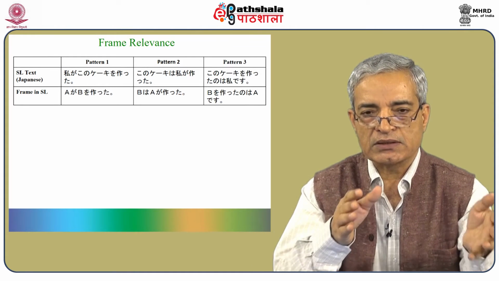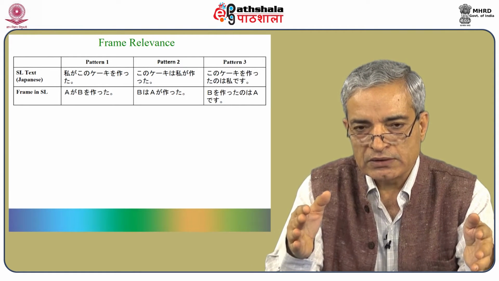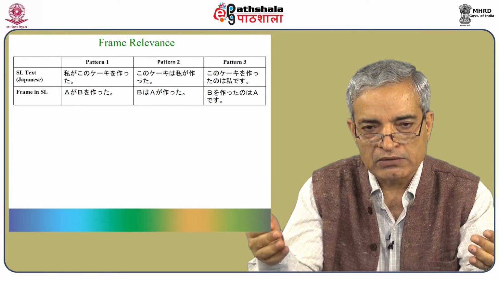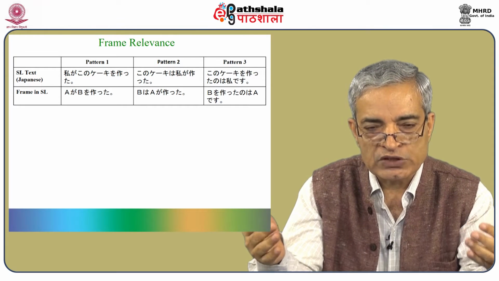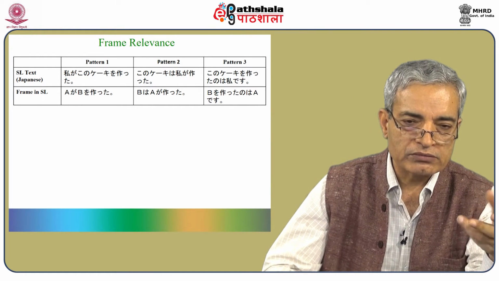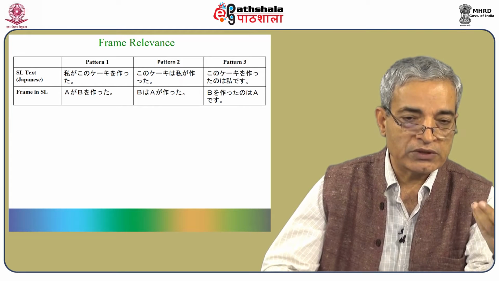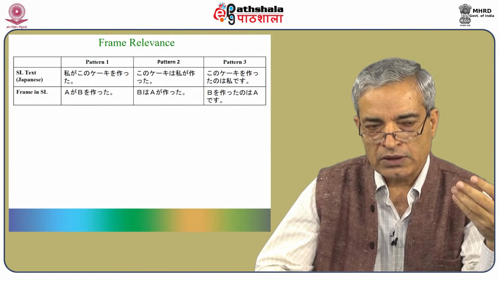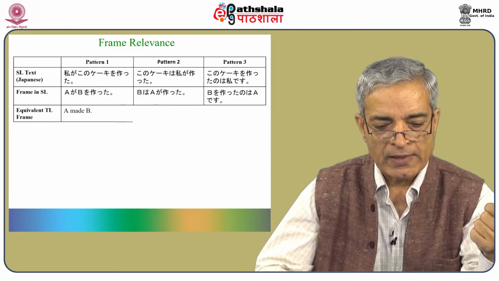This means that there's a difference in the nuance carried with the help of the frame. So if you want to communicate a particular nuance, it is the frame which gives you that nuance. You may say it the way you say it also, but we are trying to tell you a technique, and the technique here is that it is the frame which tells you how to communicate a particular nuance.